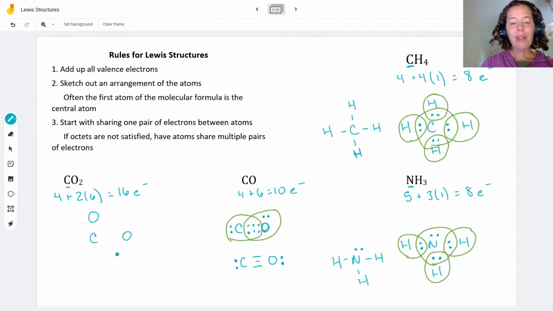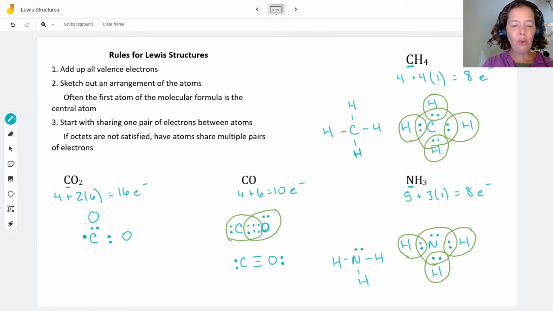Okay, so let's now put our electrons in. We want to make sure that everything shares at least 1 pair or 2 electrons. So I'm going to start with that. I need to make sure I form a bond between carbon and both of these oxygens. So I've used 4 electrons. I'm just going to start adding in electrons until I hit 16, and then I'm going to check octets.